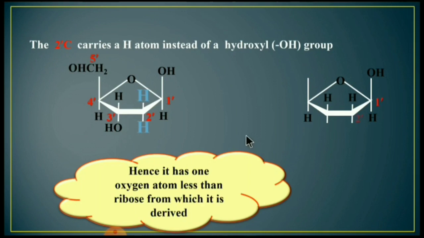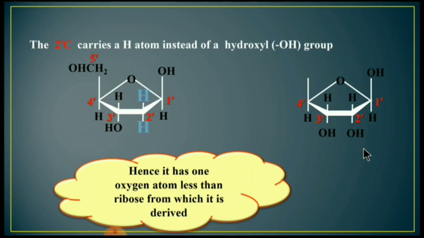Hence, it has one oxygen atom less than the ribose from which it is derived. That means deoxyribose sugar is derived from ribose sugar. The only difference is one oxygen atom is missing in deoxyribose sugar. When you look at the structure of ribose sugar, this is first carbon position and this is second carbon, so the oxygen atom is present.